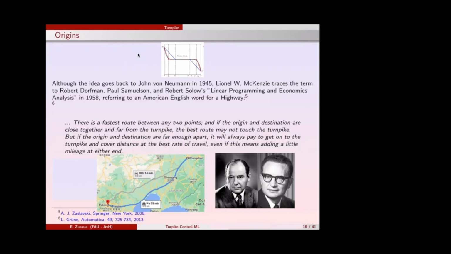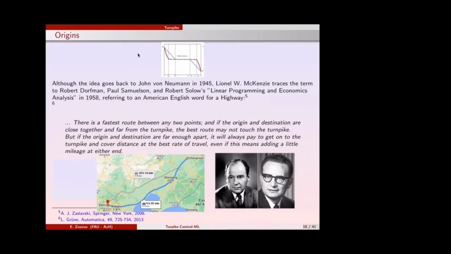But in fact, it was thinking on these kinds of situations that von Neumann designed the principle of Turnpike. There was later Paul Samuelson, who got the Nobel Prize in economics, who further developed this, in particular in his book with Robert Solow.